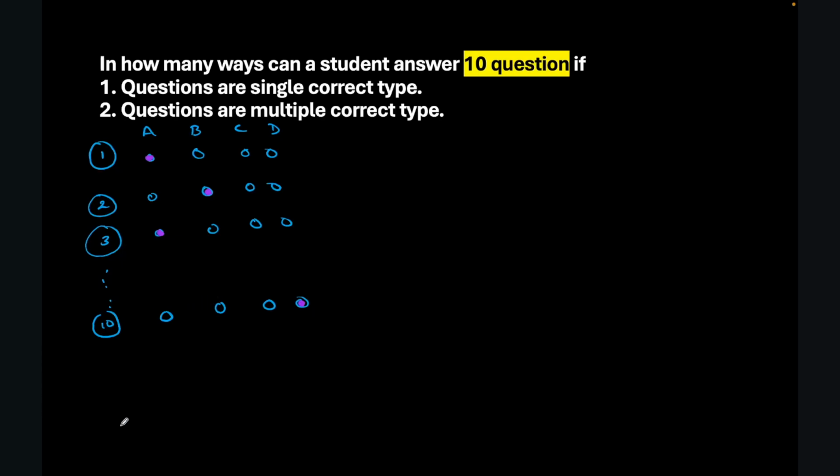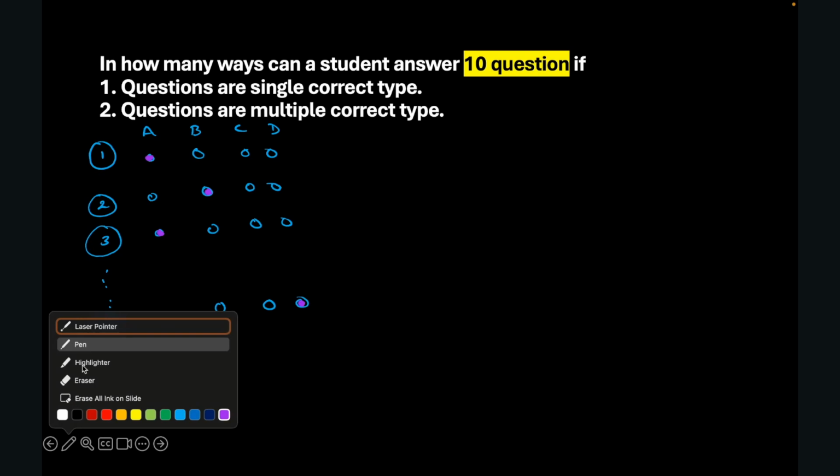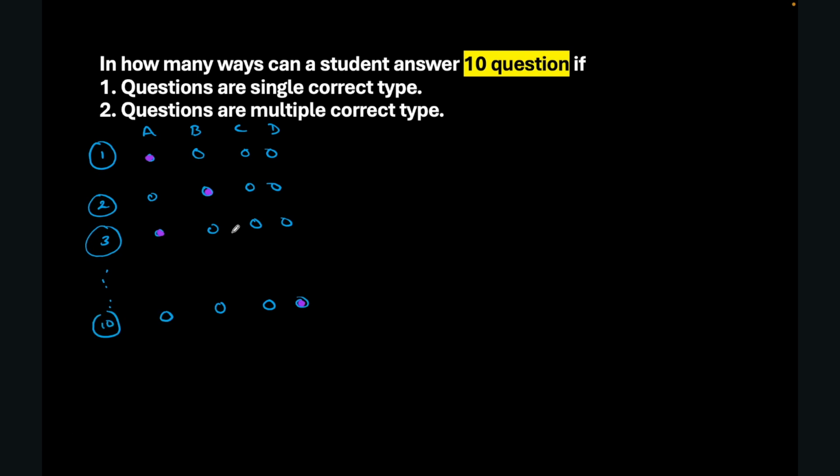Now I have to decide if there's a single correct, right? Single correct. So for the first question, if I just had to guess, I would have 4 options. Similarly, for question number 2, I would have another 4 options to choose from. And for question 3, another 4 options.